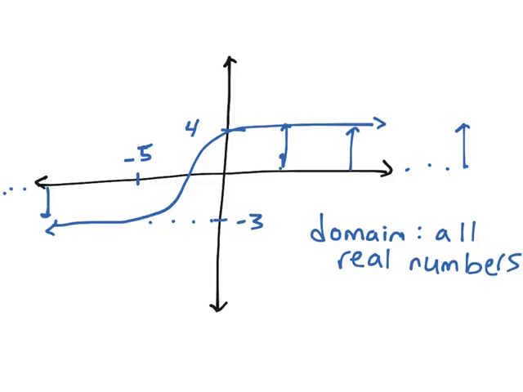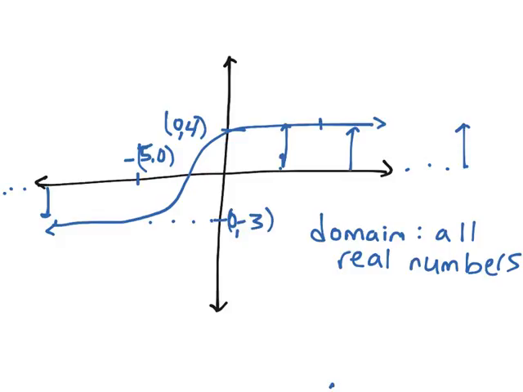Now, what is the range? The range is the set of all possible y values. So what y values can we get from this function? The highest point it reaches is 4.